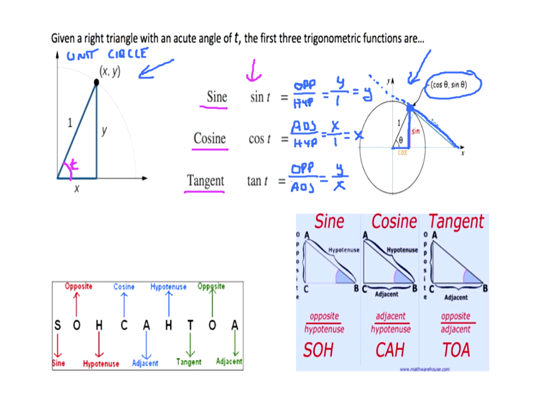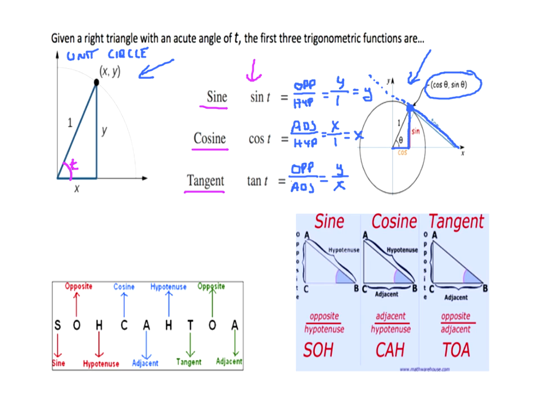But I think the reason I included this picture, which is not in your book, I went and found this picture, is that I liked that it showed what the tangent actually is, and even though you're gaining that value from the right triangle on the inside, it's corresponding to a length that is tangent to the circle on the outside.